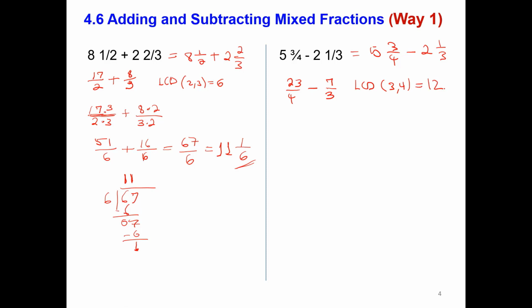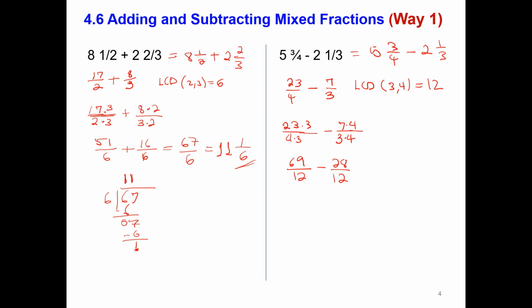We want 12 as the denominator for both fractions. To do that, we multiply the first fraction by 3, since 4 times 3 is 12. We do the same thing with the second one, but here we multiply by 4 to get 12 in the denominator. 23 multiplied by 3 is 69 over 12, minus 7 times 4 is 28 over 12.